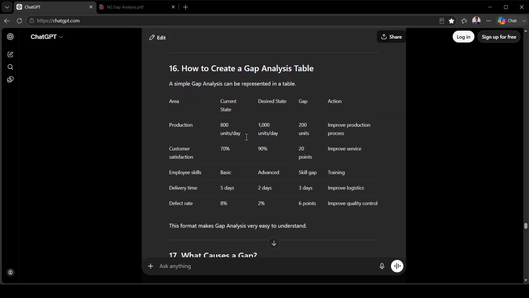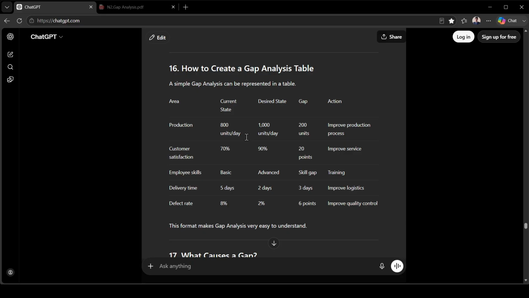How to create a gap analysis table. A simple gap analysis can be represented in a table: area, current state, desired state, gap, action. Production: current state 800, desired state 1000, gap 200, improve production process.